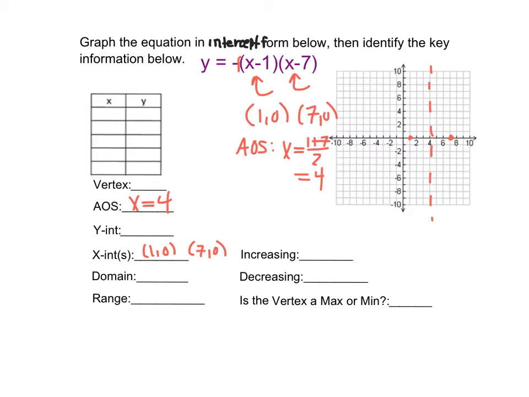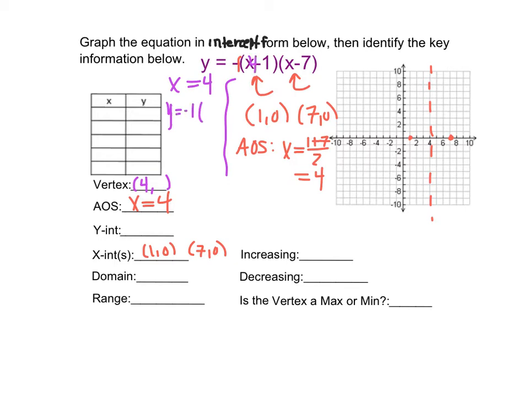Then from here we want to find our vertex, and this is going to take a little bit of calculating on our part. So we know that the vertex occurs when x is equal to 4 because the vertex and the axis of symmetry share that x value. So what we're going to do is take our equation. We have y equals negative 1, and we're going to put 4 in here.